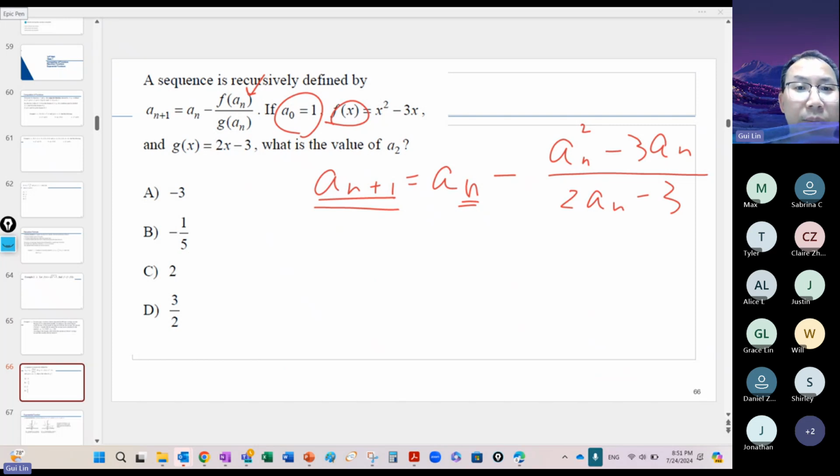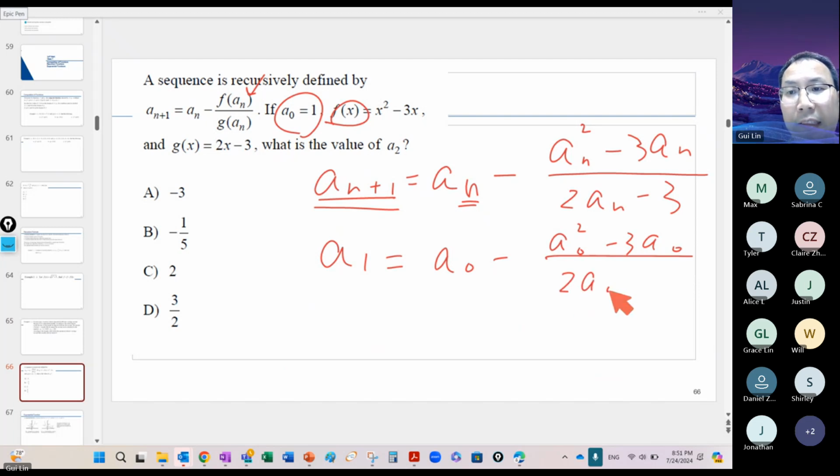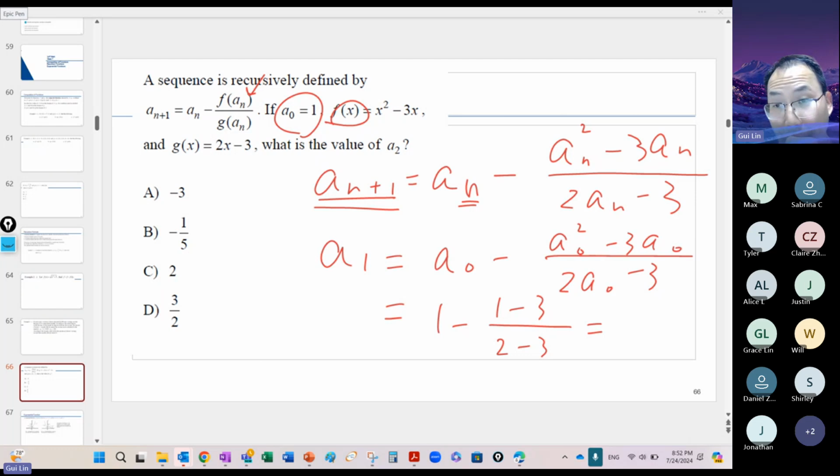All right, so let's see. It is A0, so that's A1. For A1 we replace A0. A0 already told us is 1, so it'll be easy. So here it became positive 2 divided by negative 1.